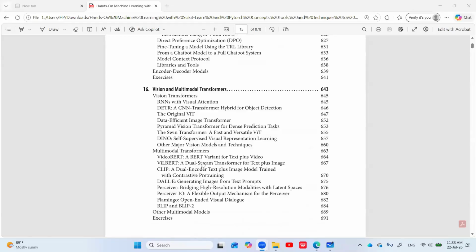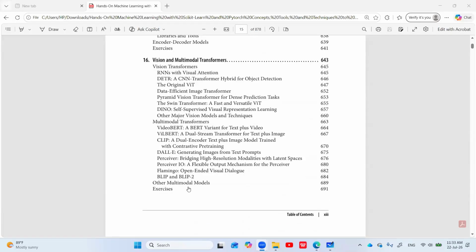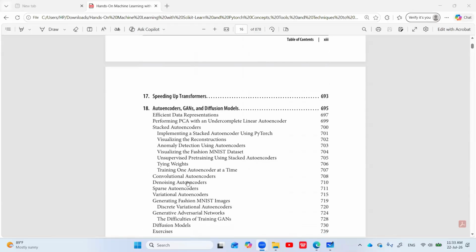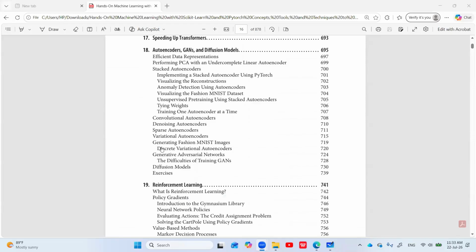There we will learn about things like DINO, VideoBERT, DALL-E, BLIP and BLIP-2. And chapter number 18 is autoencoders, GANs, and diffusion models, which we will also discuss.